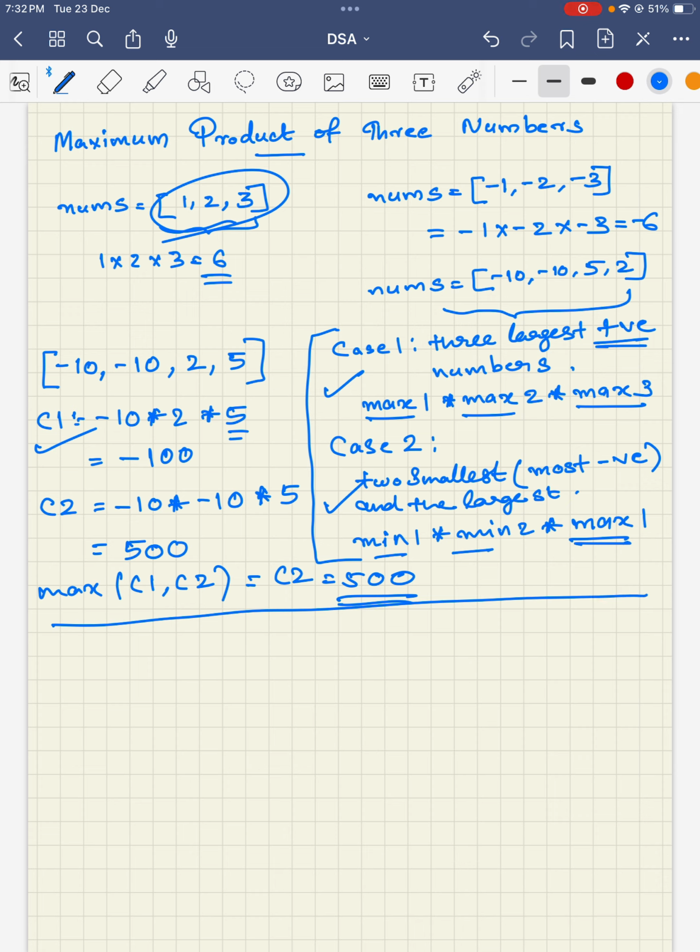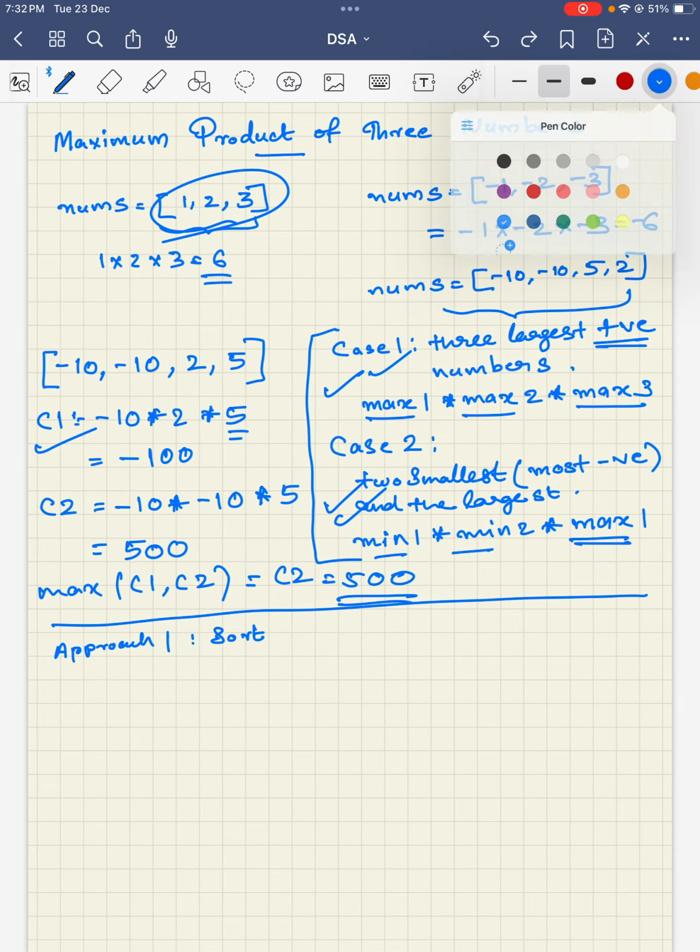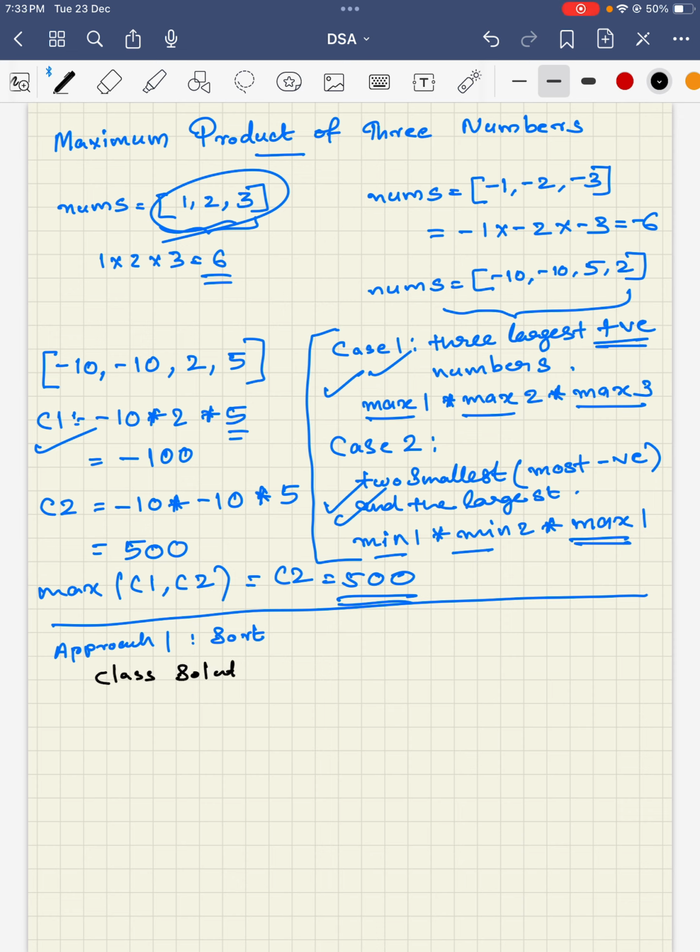One approach is to sort it, then choose the maximum between case 1 and case 2. Let's write that. So this is approach 1: sort. Class Solution, and the method inside the class, maximum product.